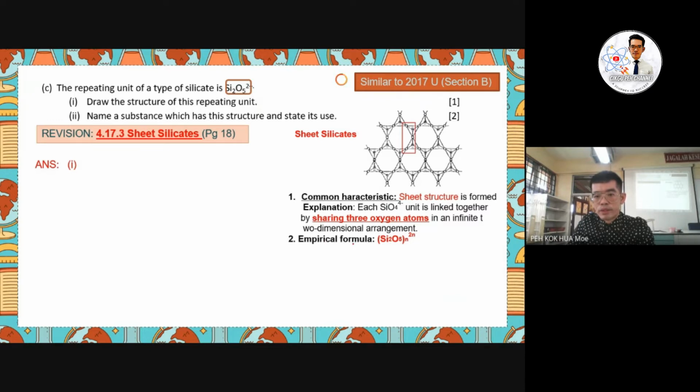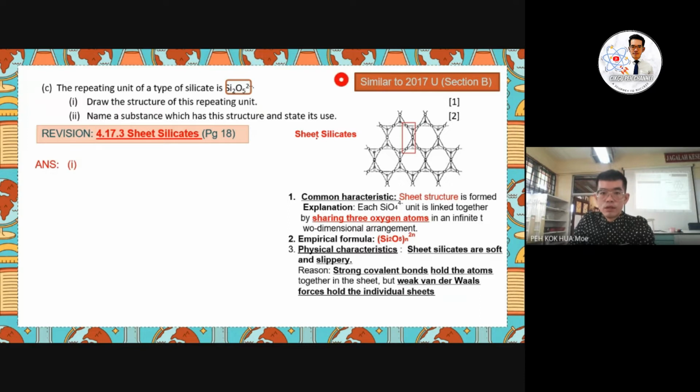The empirical formula will be this, which meets our question here. So we are sure that the repeating unit given by the question with this formula is a sheet silicate. We also need to memorize the physical characteristics.